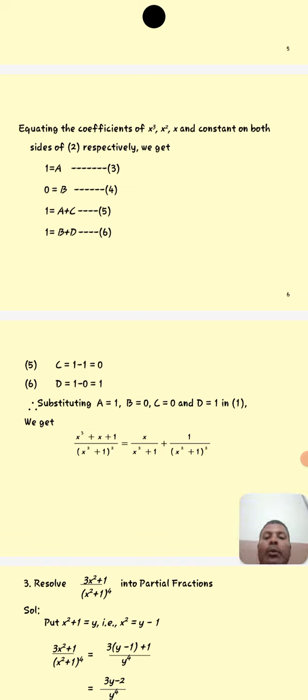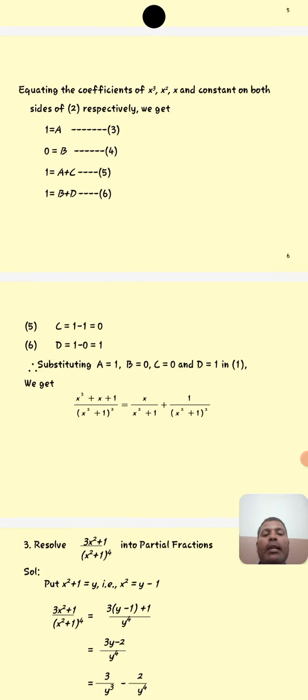What is the a value? 1. So 1x plus b, 1x plus 0, so x divided by x square plus 1. Next, plus (cx plus d). What is the c value? 0. And the d value is what? Cx means c into 0, and 0 into anything will be 0. So 0 plus 1 divided by (x square plus 1) whole square.